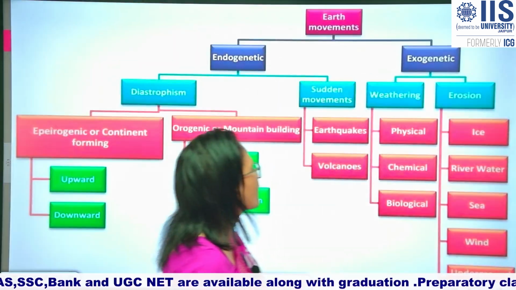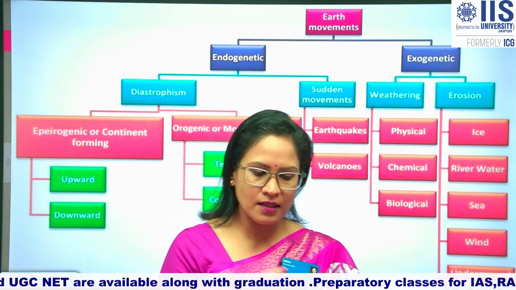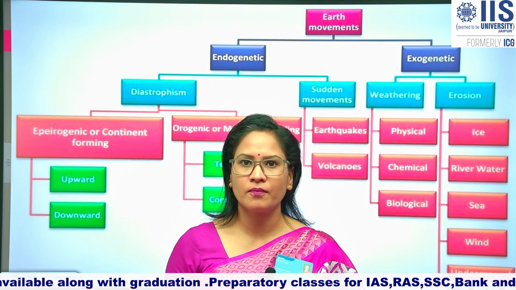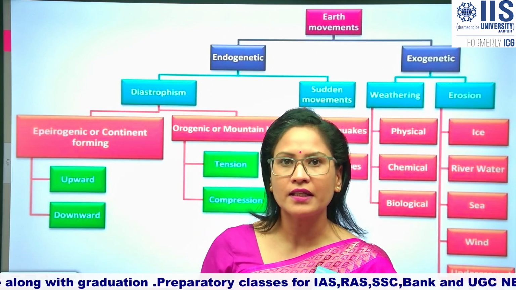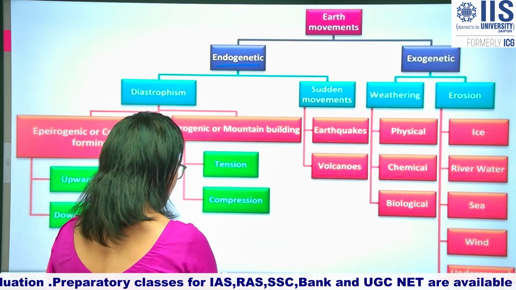Now what are the types of earth movement we are discussing in this chapter? Sometimes the forces occur from inside the earth. If the forces occur inside the earth, they are known as endogenic forces.